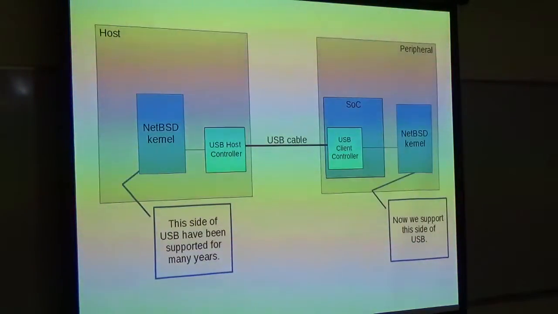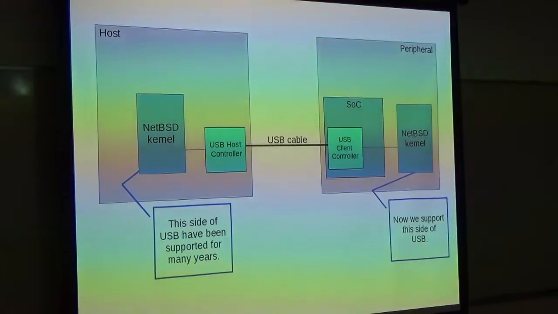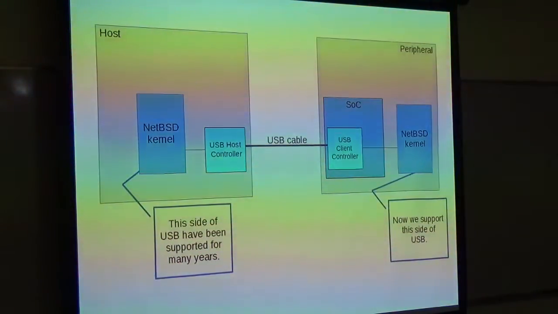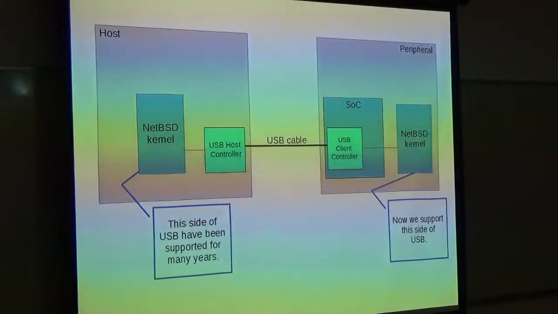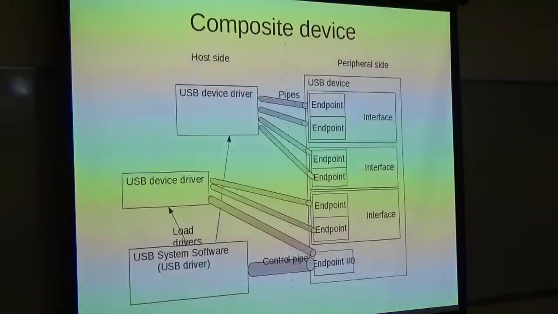Okay. At first, I'll give you a very quick overview of USB systems for the discussion. It's very brief. Of course, some of you are very familiar with it already, so please be patient. This is a USB bus.